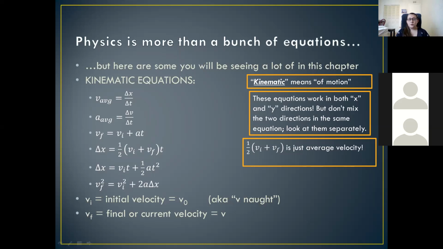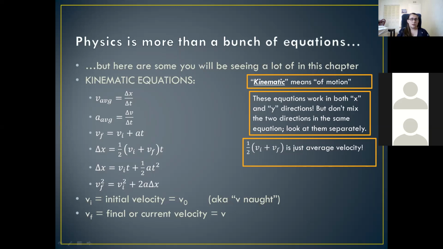These kinematic equations, I wrote them all in terms of X, but they also work in the Y direction. So if we're not thinking about motion horizontally, but we're thinking about dropping a ball, we would just replace X with Y. So our delta Y would be our change in height, and we would use our acceleration in the Y direction or a velocity in the Y direction.